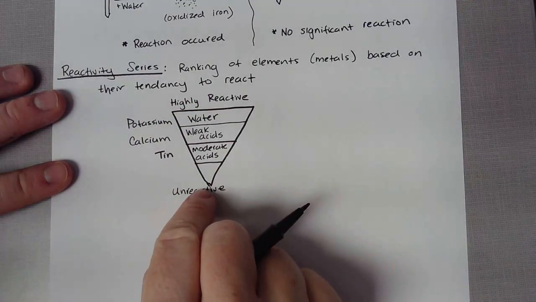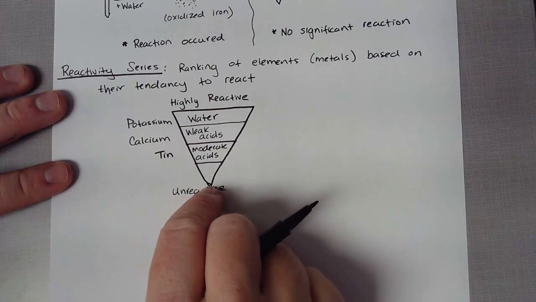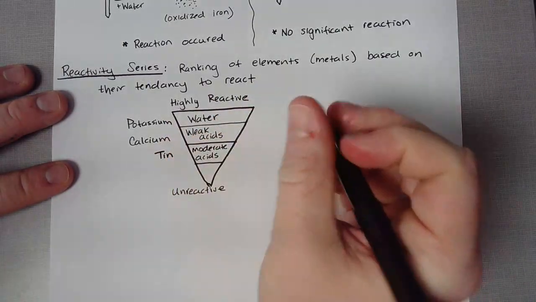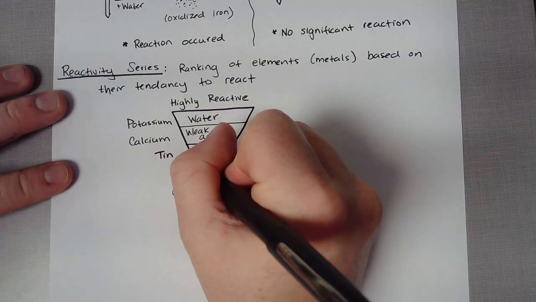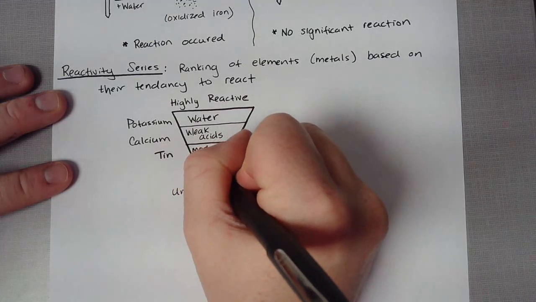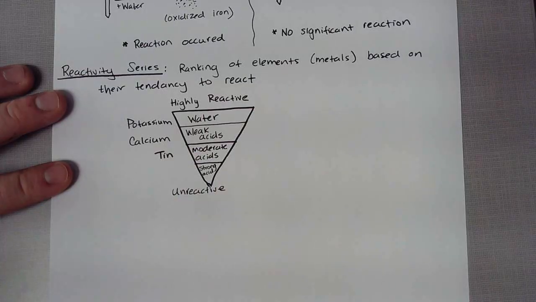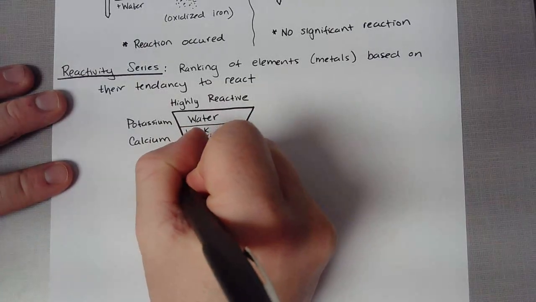And then unreactive elements, it takes a lot to get them to change. You might need something like an exceptionally strong acid. And these are going to be things that you think of with precious metals. So things like gold and platinum.